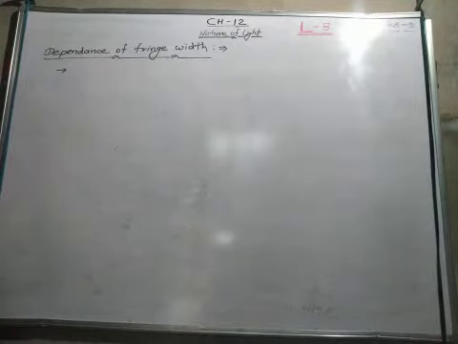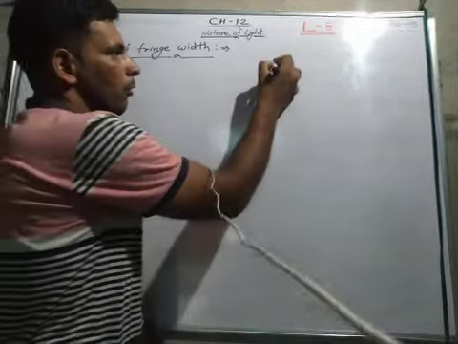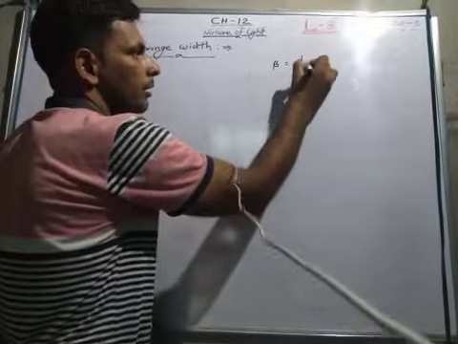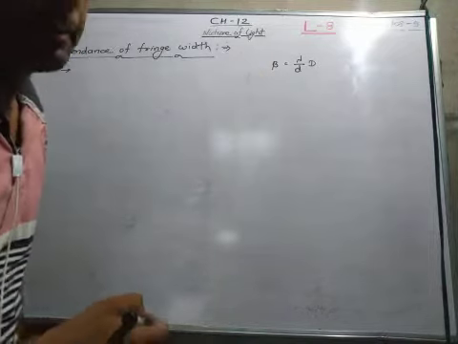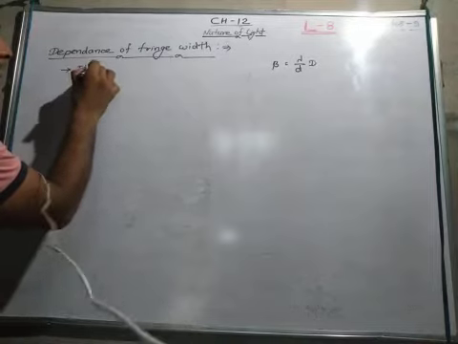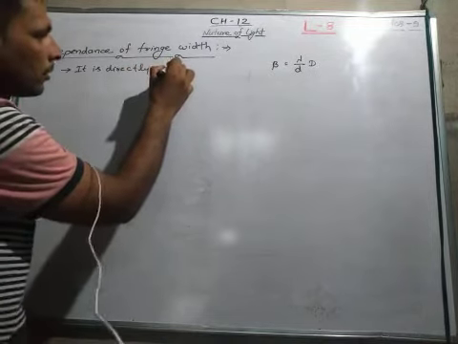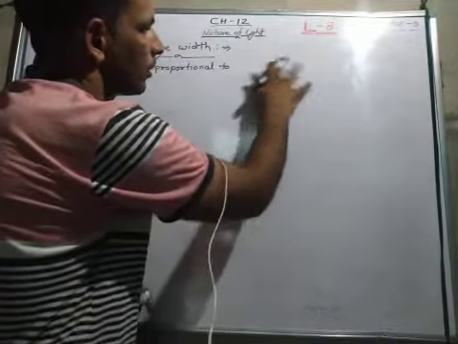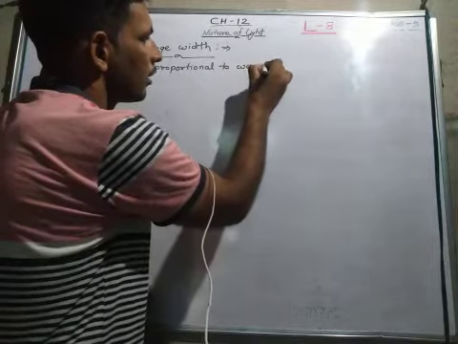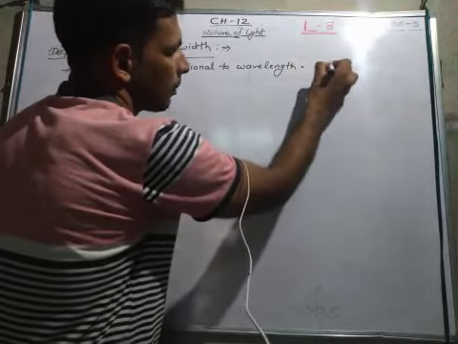Now we discuss the dependence of fringe width. Dependence of fringe width means on which quantities fringe width depends. The formula of fringe width is lambda upon small d into capital D. Then we can say that fringe width is directly proportional to lambda, the wavelength, meaning beta is proportional to lambda.